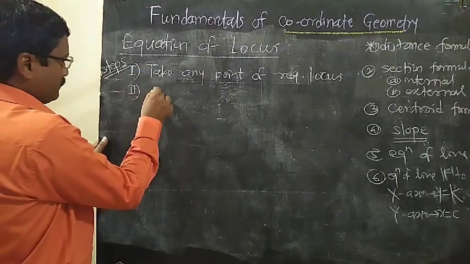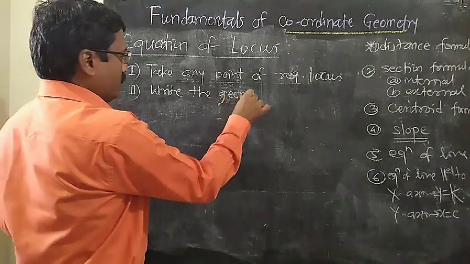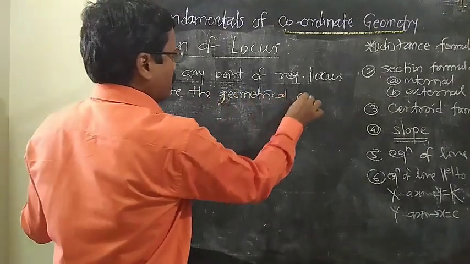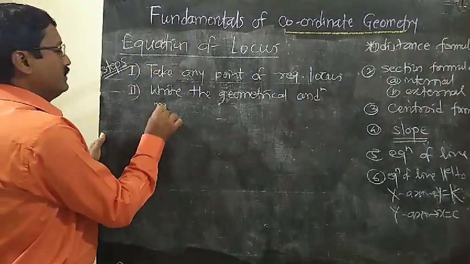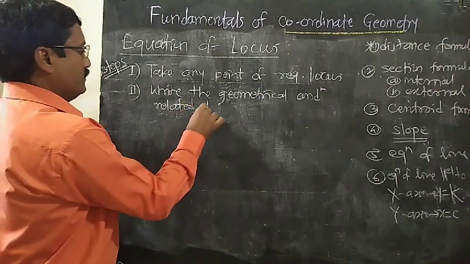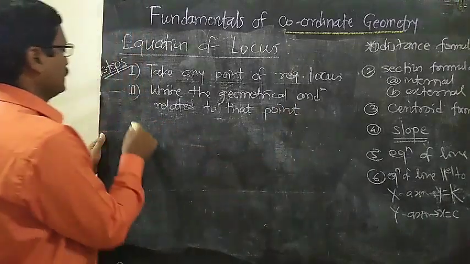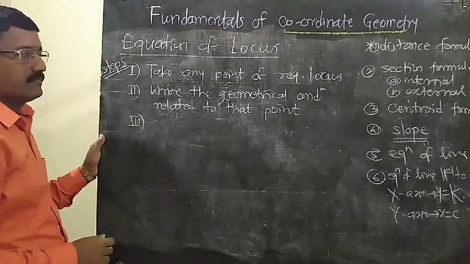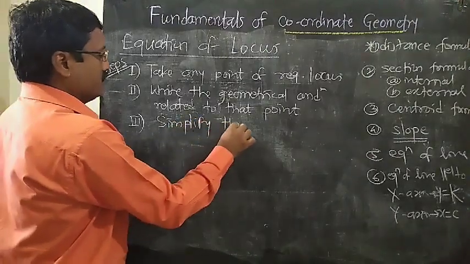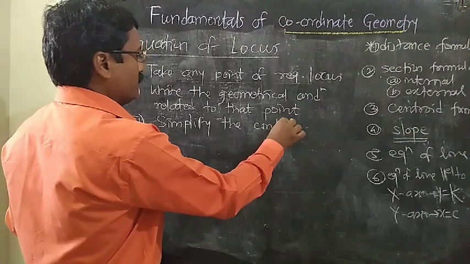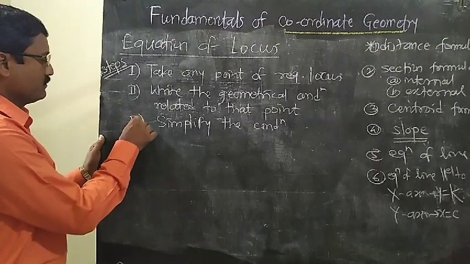The second step, write the geometrical condition related to that point. Third one, simplify the condition, and that simplified condition is called the locus.